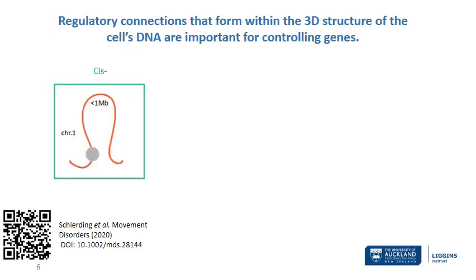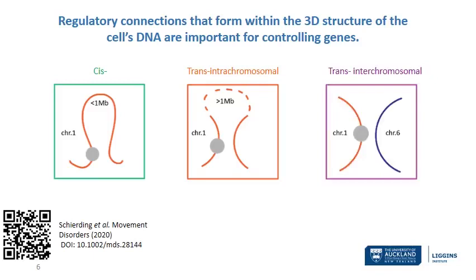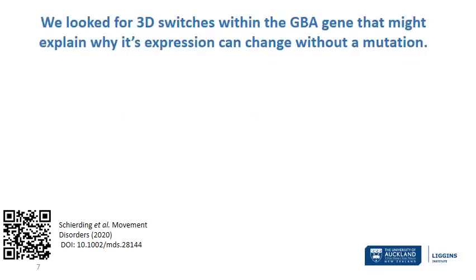Switches form in cis, that is on the same chromosome, trans-intrachromosomal, where they are a long way apart on the same chromosome, or trans-interchromosomally, in which case they occur between a gene and a switch on a different chromosome. And collectively, these switches regulate the genes that are physically involved in the interactions.